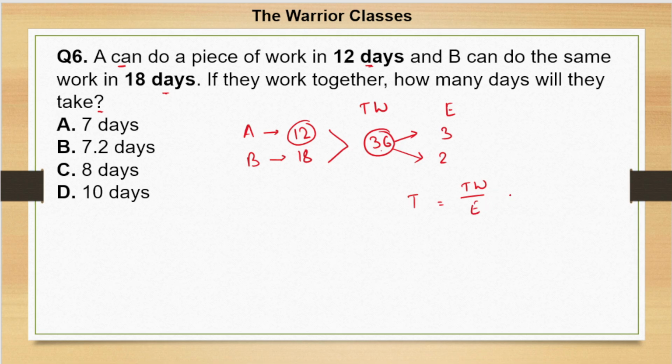Efficiency of A and B is 3 plus 2, which is 5, and total work is 36. Now 36 divided by 5: 5 times 7 is 35, remaining 1, point, and 10. So 5 times 2 is 10. So 7.2 days. Option number B is correct.